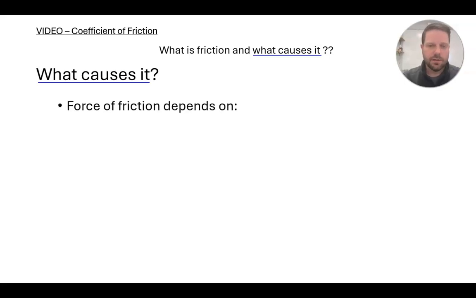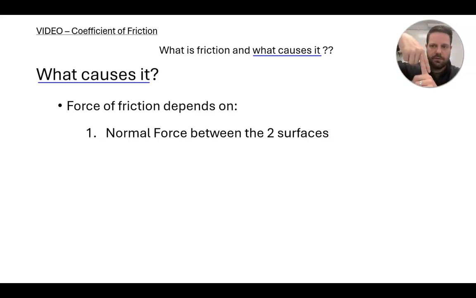So what causes friction? I understand how to measure it and I know what it is. But the force of friction depends on the amount of force that's pushing between the two objects. So if I have two objects where the surfaces are laying on top of each other, how much force is pushing between those? You may say it's the object's force of gravity, or weight, but really that's going to be balanced with normal force if it's just a block sitting on a surface.